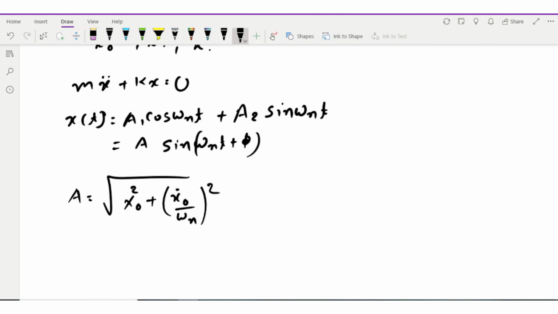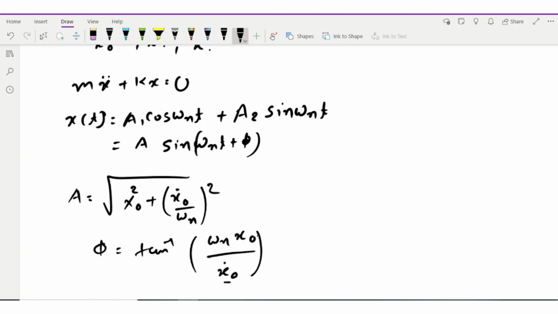And the initial phase angle you can also find from the initial conditions: tan inverse of omega n x0 divided by x dot 0. So just from these three parameters you can find the amplitude and the initial phase angle of the system.